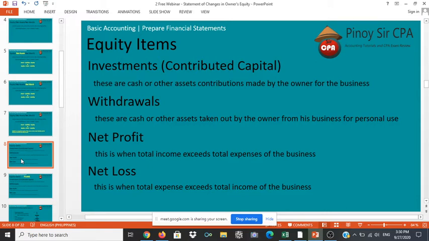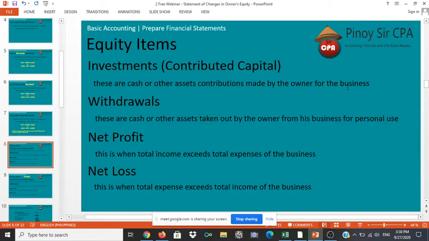So, hindi nyo muna kailangan intindihin yon, saka na when the time comes. So, first, we have investments, also called contributed capital. These are cash or other assets contributions made by the owner for the business. So pwedeng cash or non-cash assets.